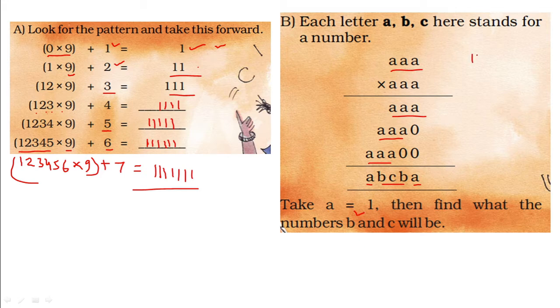Means 1, 1, 1 multiply by 1, 1, 1. What will happen? In first step, we will multiply 1, 1, 1 with 1. In second step, we will multiply triple 1 with 10. In third step, we will multiply with 100.